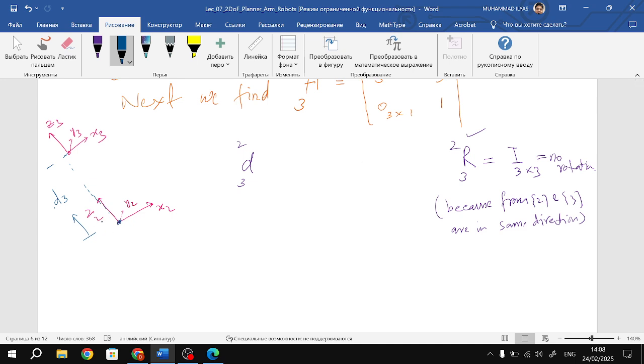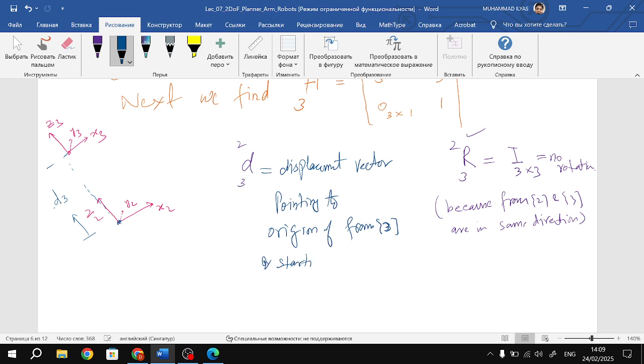So we are trying to find the D3 to 2. First, I have to understand what the meaning of this is. It means that this is a displacement vector pointing to the origin of frame 3, starting from the origin of frame 2.